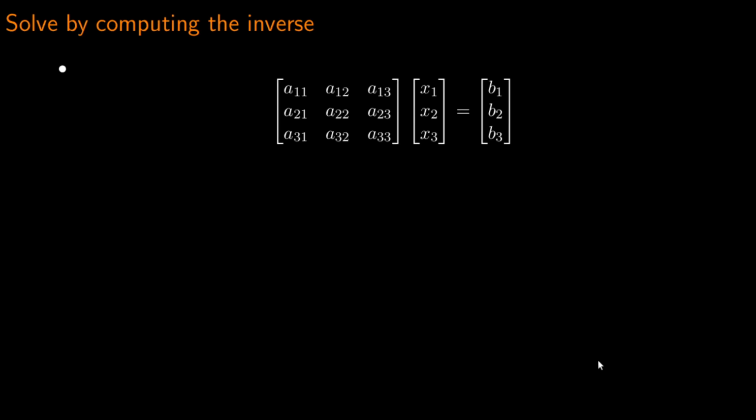And then, of course, we can see that we could write that in the form of A times x equals b, where x is this column vector, A is this matrix, b is this column vector. And then we can see through simple algebra that if we wanted to work out the values of x, we can divide through by the matrix A. So we end up with A times 1 over A times x is equal to 1 over A times b, which, of course, is the same as saying x is equal to A to the minus 1 of b.